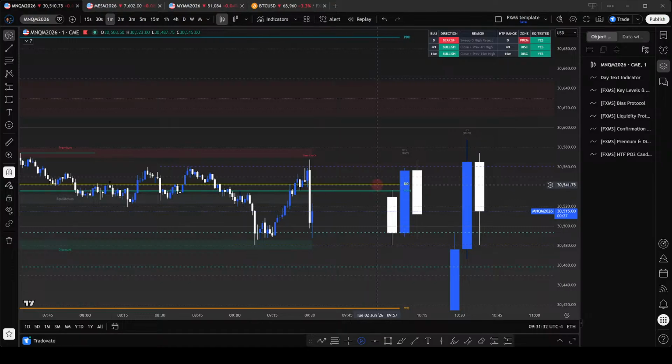These kind of opening moves are super volatile. This was at 565, let's say, came all the way down here to 500, so about 75-ish, 80-ish points, and that happened in a matter of like 2 seconds.